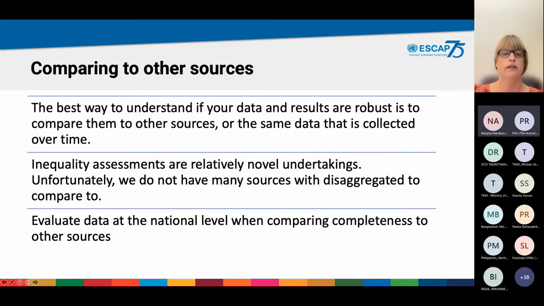So one thing you can do is evaluate your data at the national level and compare it to other sources. If all of the different sources triangulate towards the same values, then you should feel more comfortable that your data is robust enough at the national level to disaggregate further for your inequality assessment.